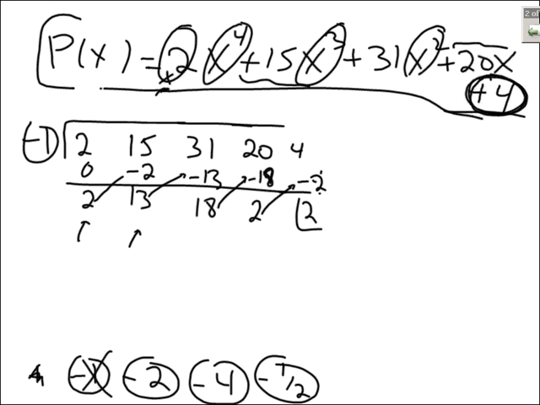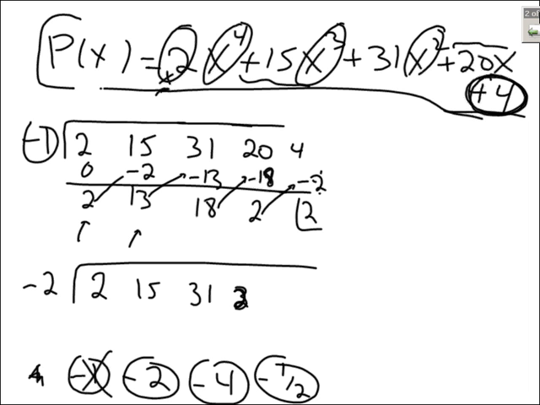Now, let's try negative 2. 2, 15, 31, 20, and 4. I just copied down that line. Let's do synthetic division.